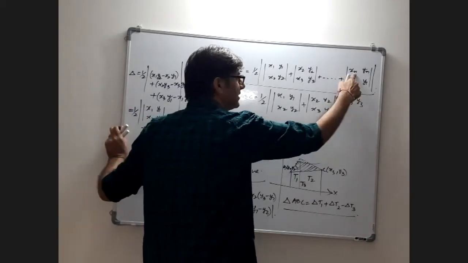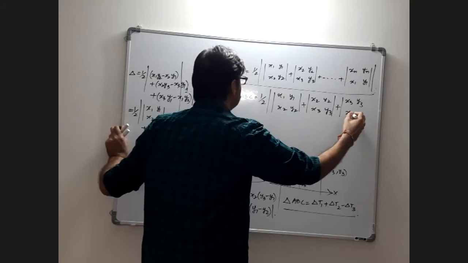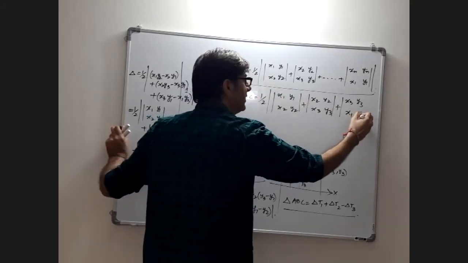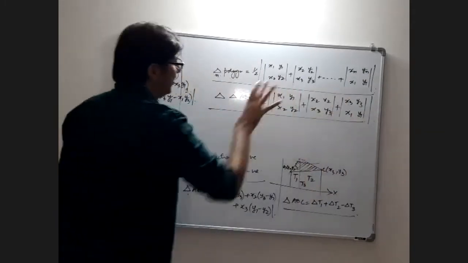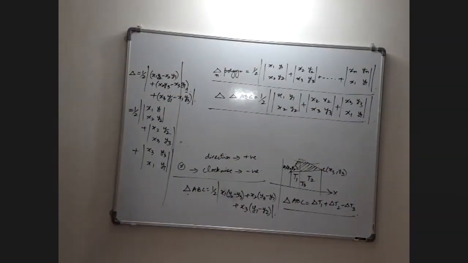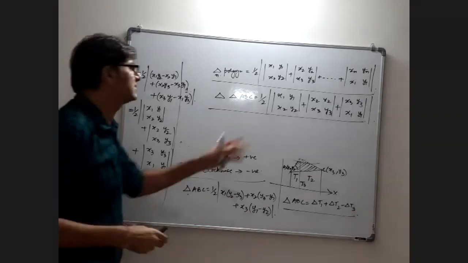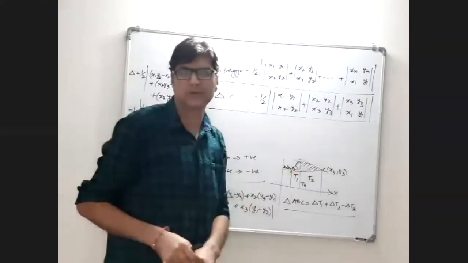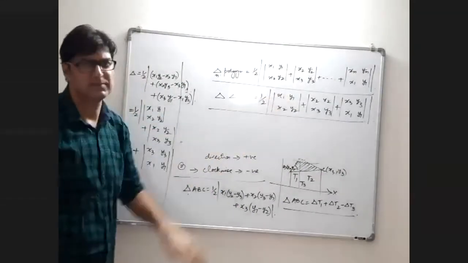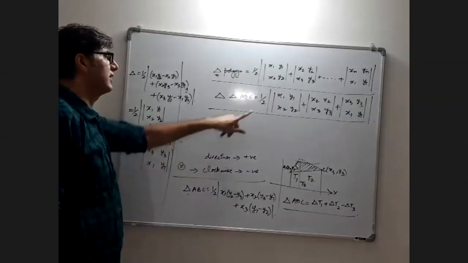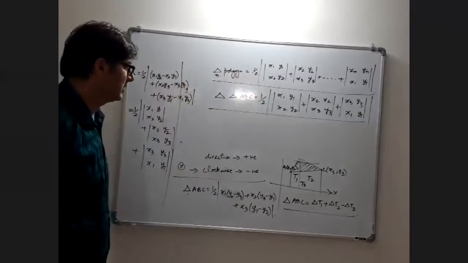Here we put n as 3, that will make this polygon a triangle, and x1 y1 will terminate here. So this is the area of a triangle. Putting the modulus is very important, because sometimes these values may turn out to be negative. In that case your modulus will always be positive, and therefore divided by 2. So this is the formula that you can write down.